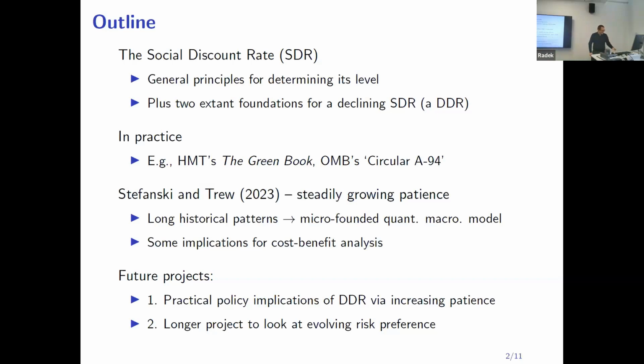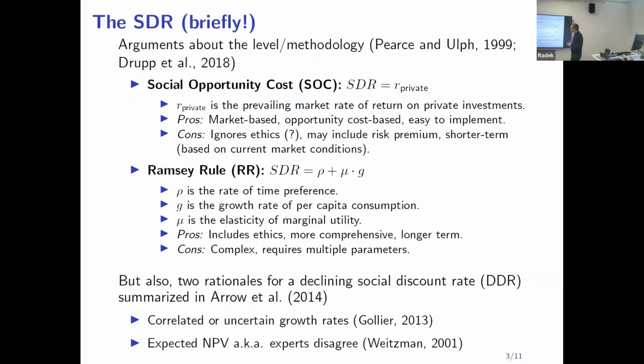So there we go. How do we typically, practically, as economists and policymakers, think about the social discount rate? As Margarita points out, there have been arguments about the level and the methodology going back 100-plus years.